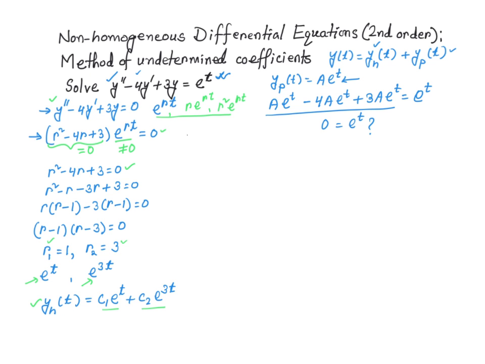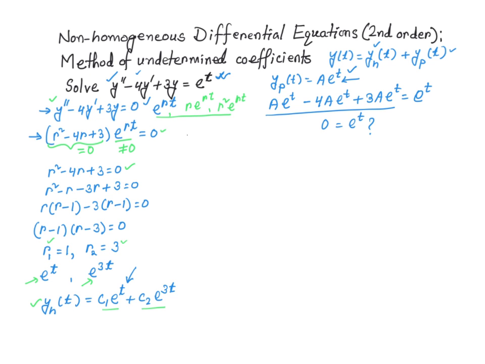How do we go about solving this problem? The first question we should be asking is, why am I getting that? Because the right hand side is e to the power t, so the particular solution should be of the form a times e to the power t, which worked previously. But how come it doesn't work here? The reason it gives me an inconsistent answer is that e to the power t is actually already a solution to the homogeneous differential equation.